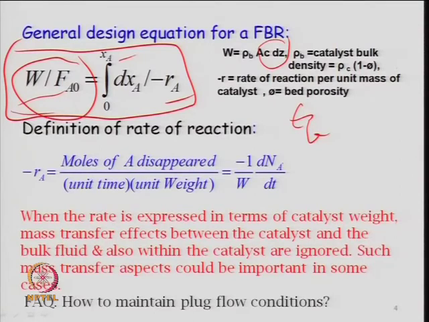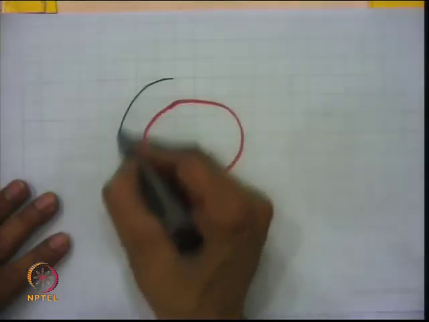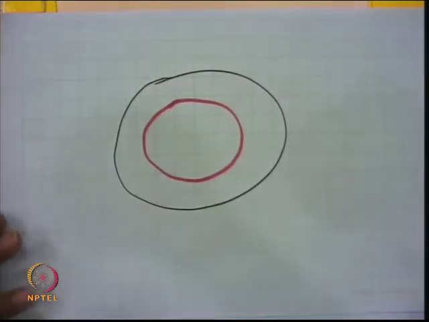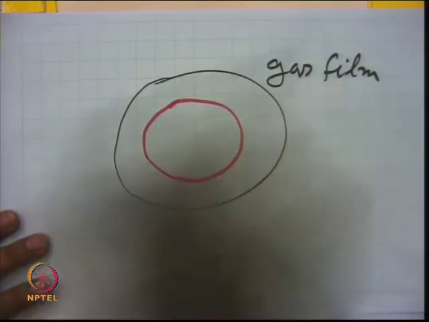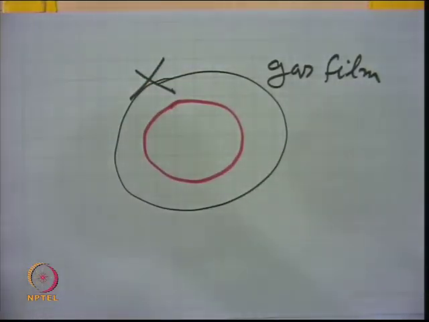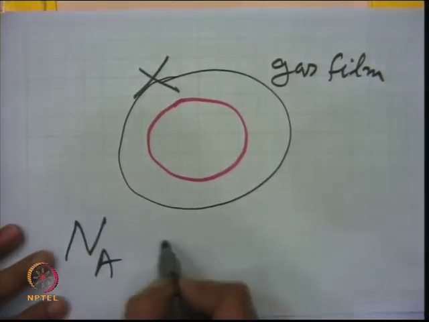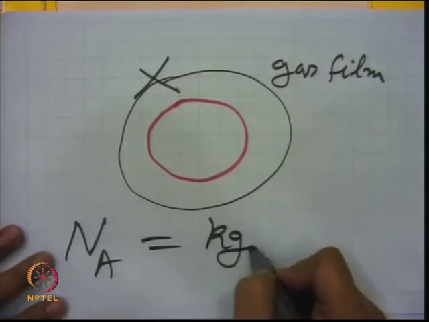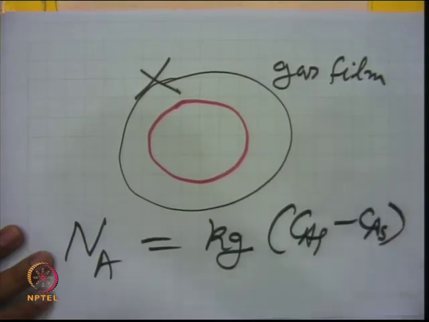I will come to this point later again, but initially if you remember we were talking about a solid catalyst particle which is surrounded by a film of gas like this, right. So, there is a gas film. So, when you do the kinetics, you have to make sure that there is no resistance offered because of this gas film, right, because you write this mass transfer Na is equal to something like mass transfer coefficient times CAG minus CAS, right.